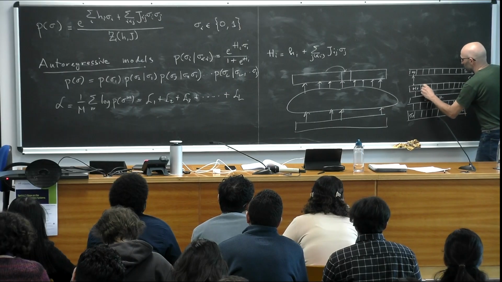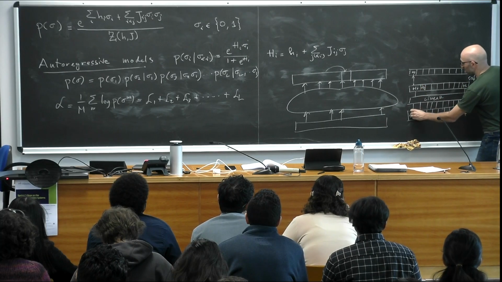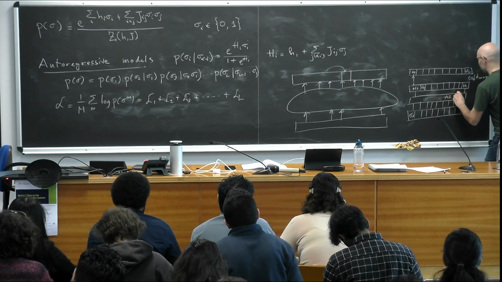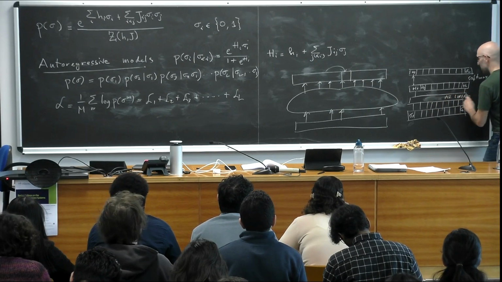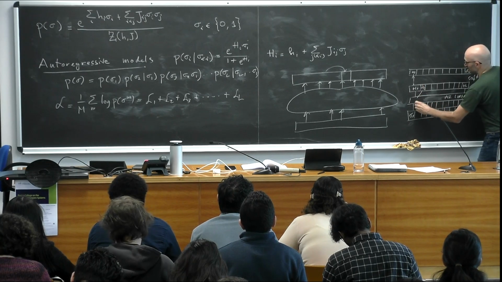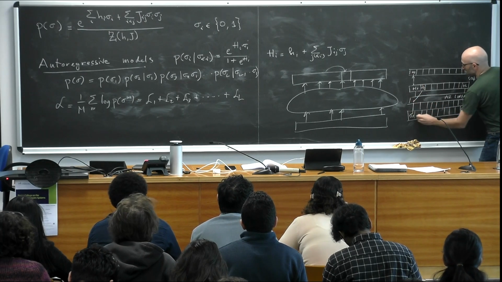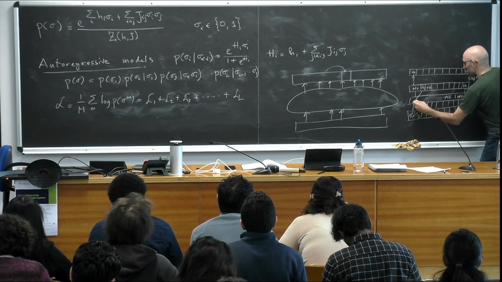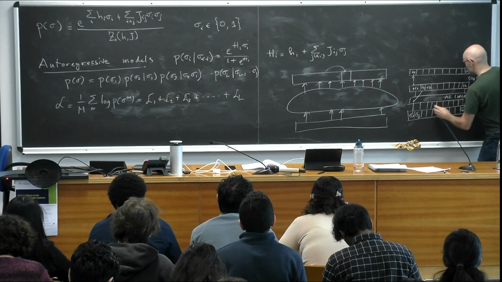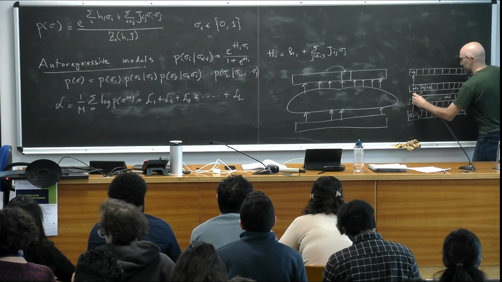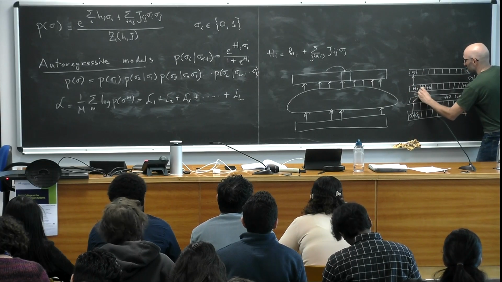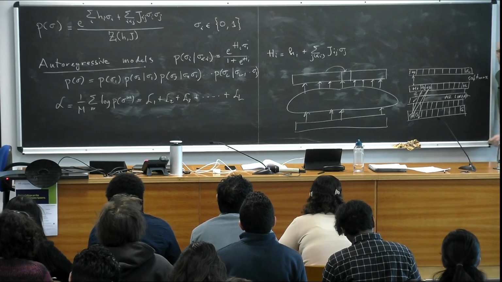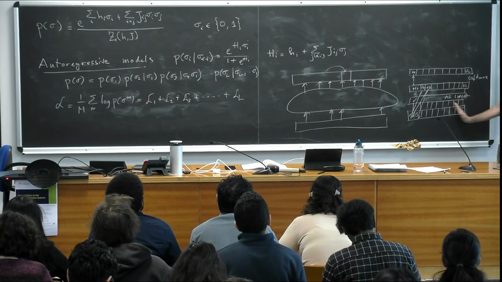So for example, H2 will depend only on sigma 1. So here you get an autoregressive linear layer where H2 depends only on sigma 1, and H3 depends only on sigma 1 and sigma 2. So let's say H1 is a constant, H2 depends on sigma 1, H3 depends on sigma 1 and sigma 2, and so on and so forth. And the last one will depend on all the previous ones.